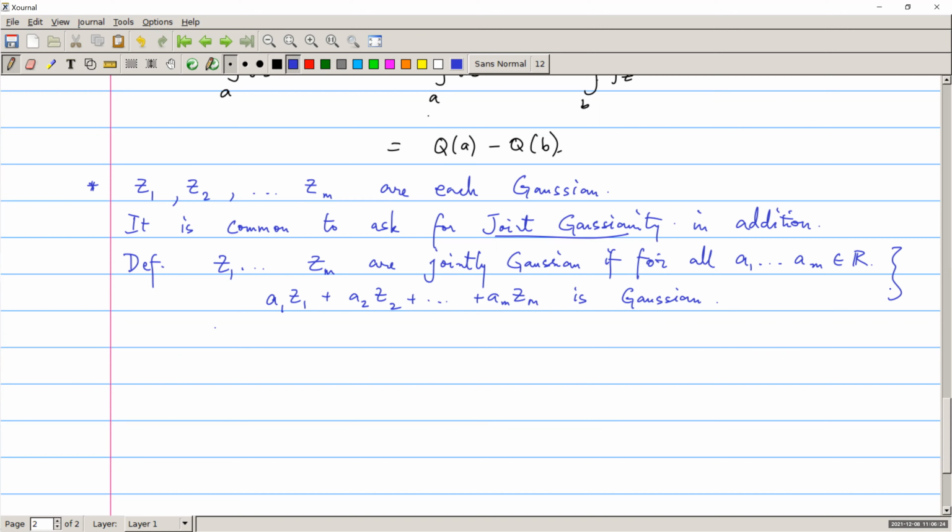And very closely affiliated with Gaussians is this notion of linear algebra. In fact, all the linear algebra results that you learned in 307, particularly with respect to linear regression and so on, have one-to-one analogs with Gaussian random variables.